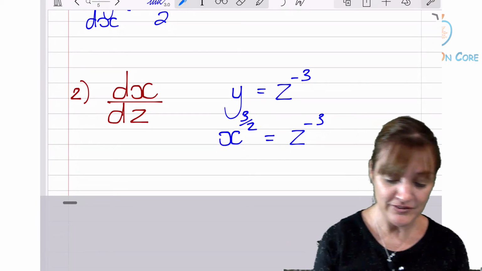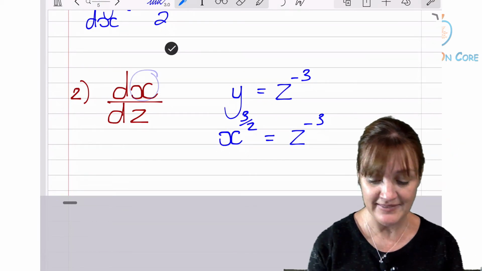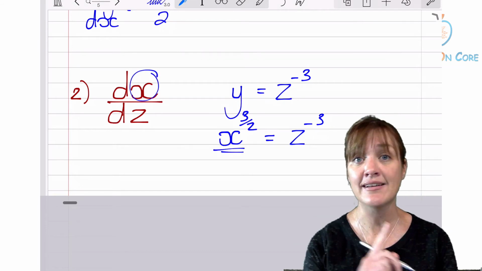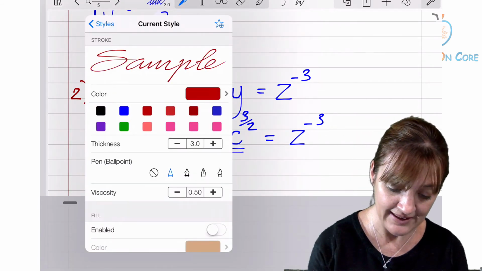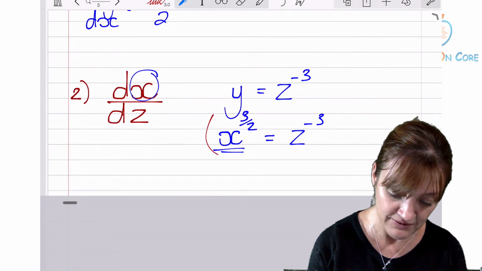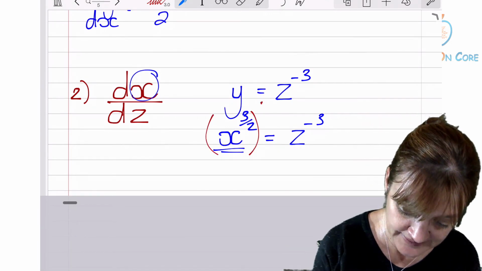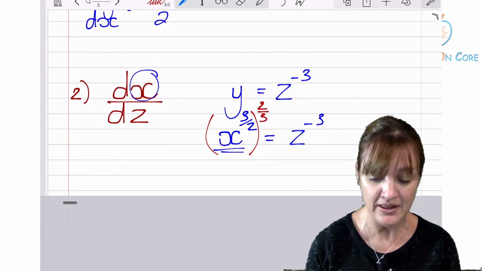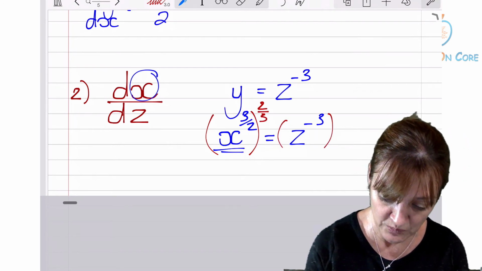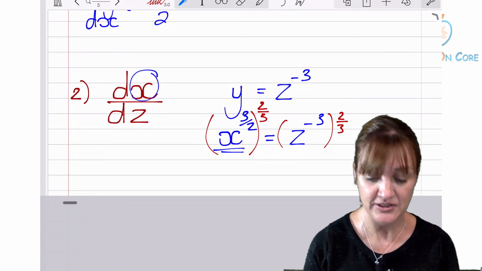We need to find the derivative of x in terms of z, which means that I need to get x entirely on its own. And the way we're going to get x entirely on its own is I need to get rid of that exponent of 3 over 2. How do I do it? Tip it and times it. So 2 over 3. But what happens to the one side always happens to the other.